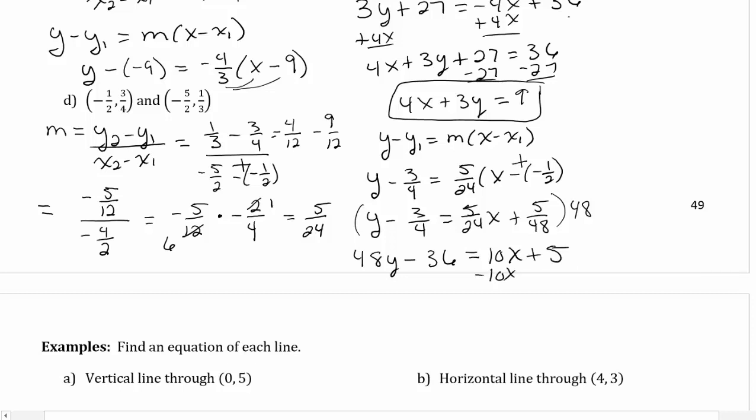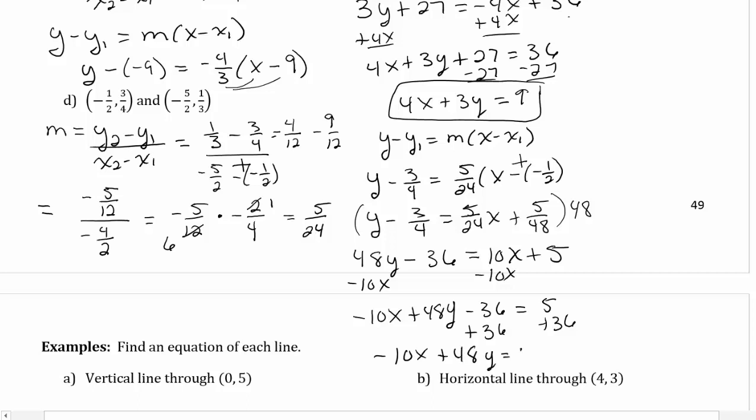So now subtract the 10x from both sides. We get negative 10x plus 48y minus 36 equals 5. And then the last step, add 36 to both sides. So we get negative 10x plus 48y equals 41.